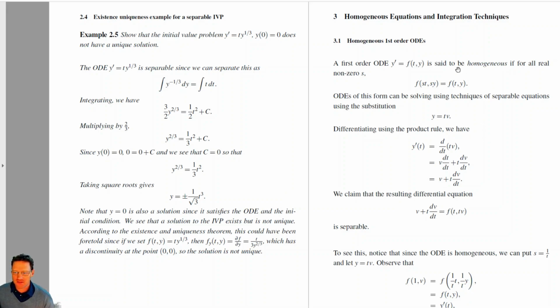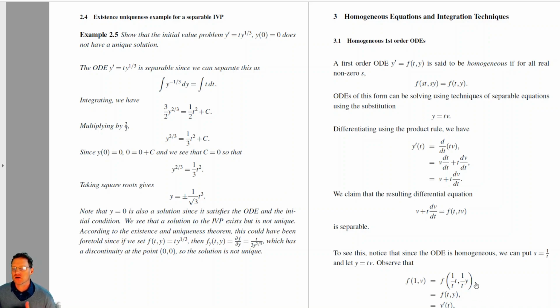Simplifying what's inside the bracket, t divided by t is 1, so that's how we get the 1 in the first part. The second part is y over t, which is just v, according to the way we defined v up here. So this is why that's f of 1 comma v.